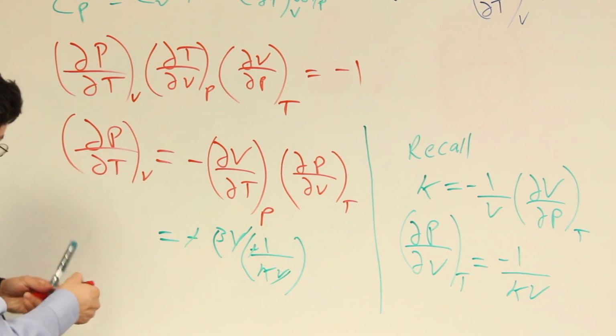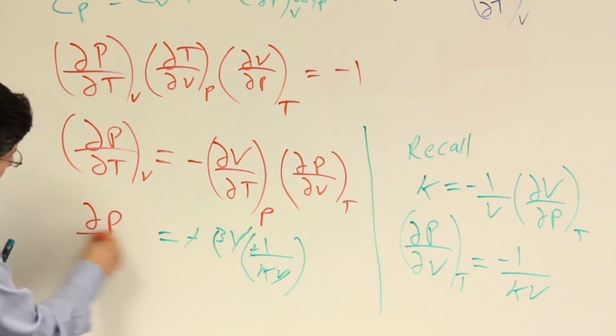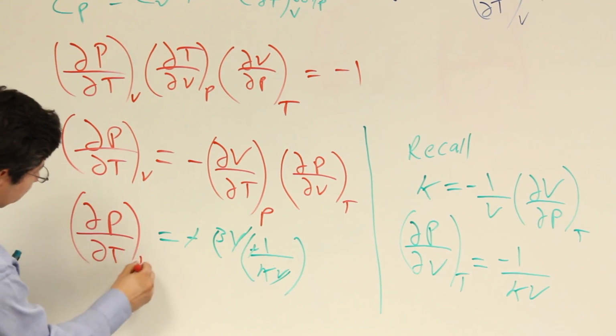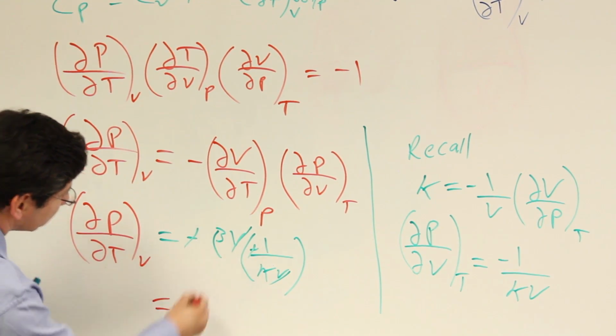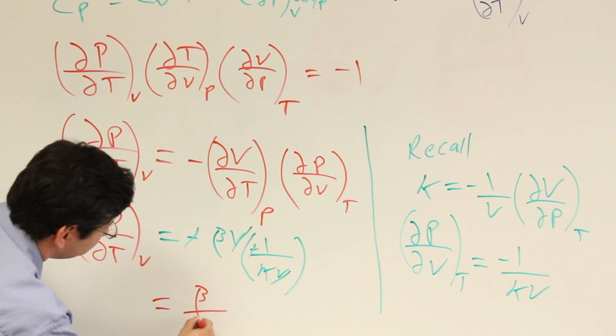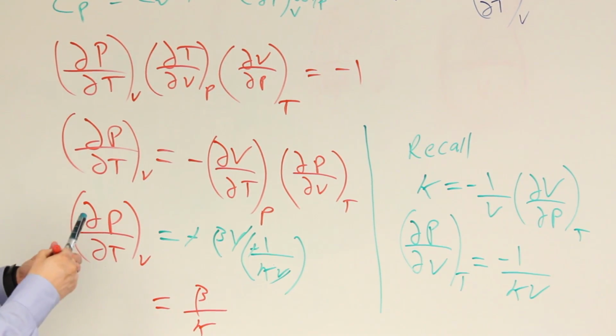So we have dP/dT at constant volume being equal to beta over kappa, right?